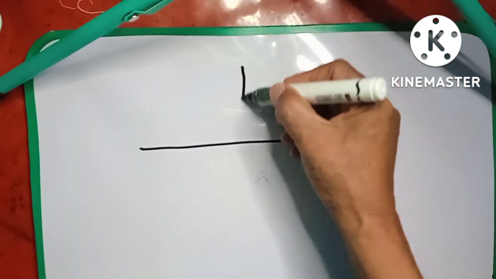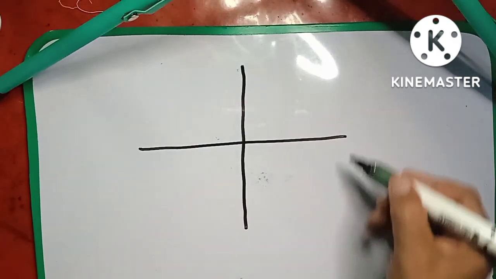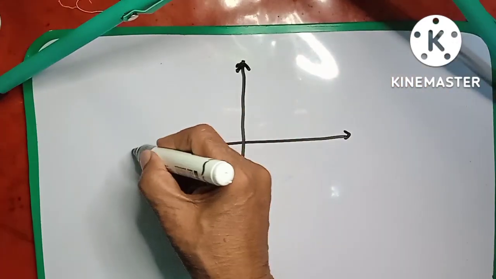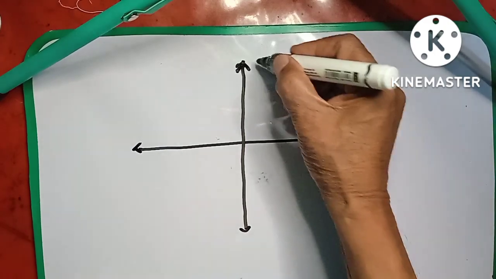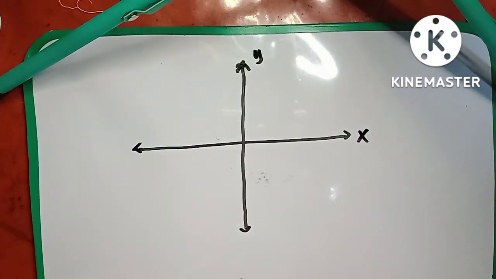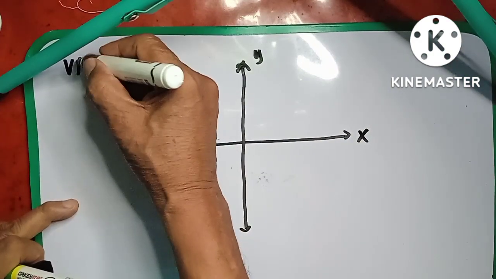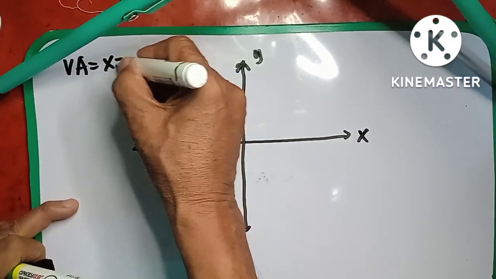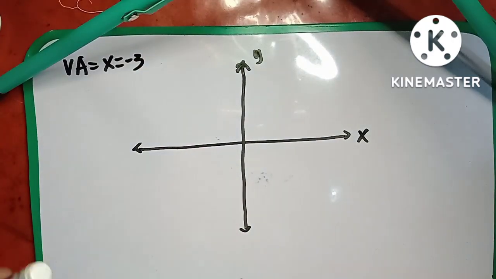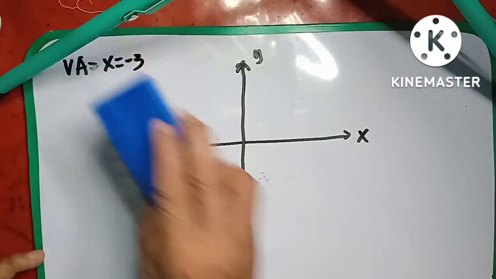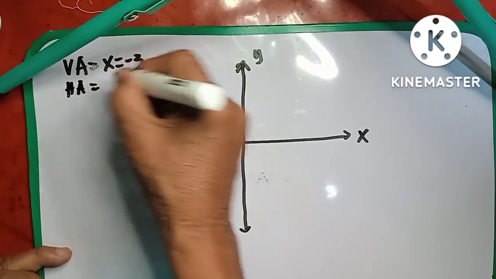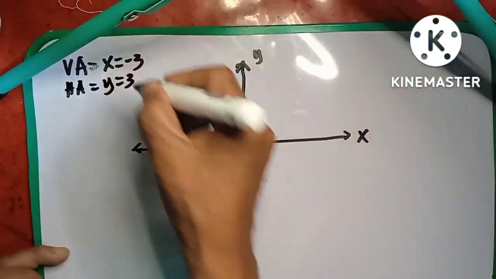That is x, and this is y. The vertical asymptote, VA, is x equals negative 3, and the HA, or horizontal asymptote, is y equals 3.